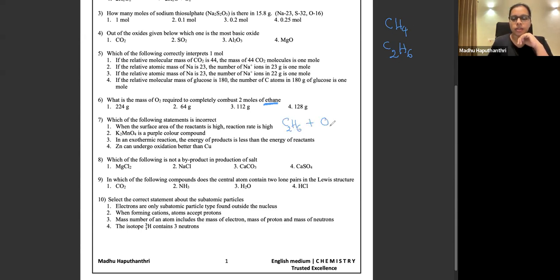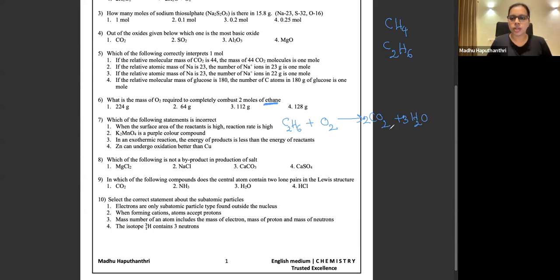So combustion, definitely oxygen is required. When you are combusting the hydrocarbon, all the carbons are sent to CO2. Hydrogen is going to water. If you balance this, because you have 2 carbons here, 2 CO2s are coming, 6 hydrogens here, therefore 3 water coming, 3 times 2 is 6 here.